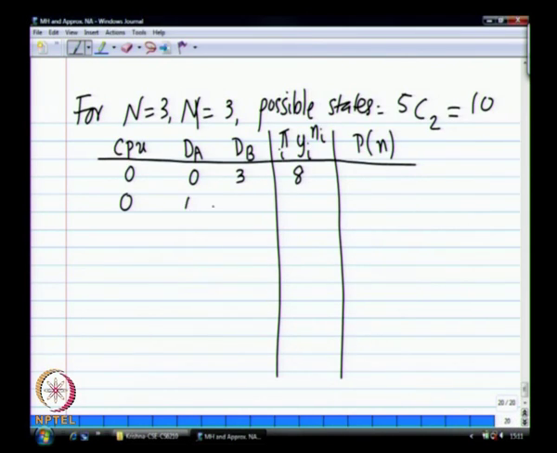Then I put 0 here, 1 2 0, 2 1 0, then I have 0 3 0. Now this is 3 to the power 1 times 2 squared, this is 3 squared, 9, into 2, 18.